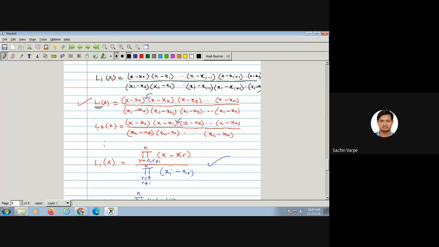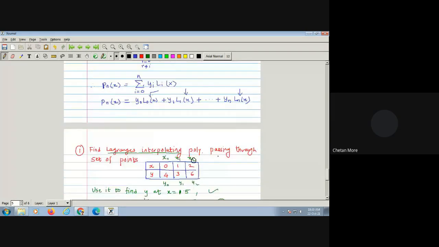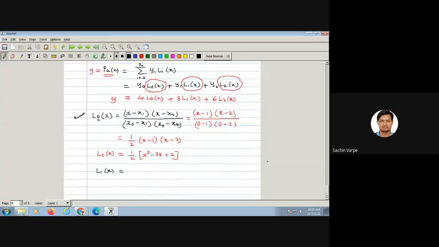While defining L2 I'm excluding the x minus x2 term from the numerator. That is only the theme. And to write the denominator, we replace this x by xi. Here i is 1, so we replace x by x1. Here i is 2, so we replace x by x2. Is this clear?